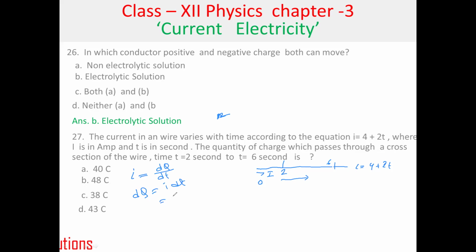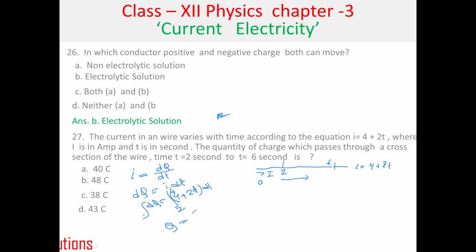Here I equal to 4 plus 2t, here is dt. If I integrate it, what is the time period? 2 to 6 second. So here the integration of dq is q.